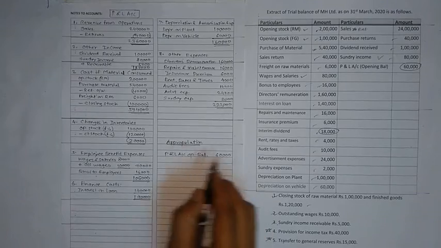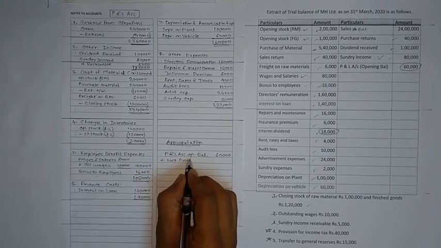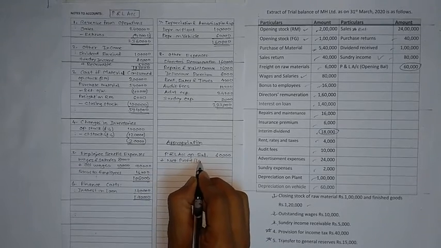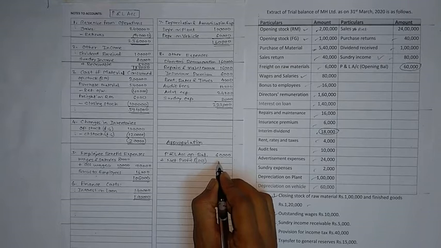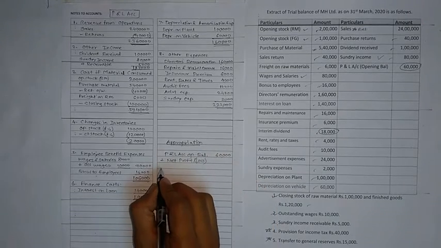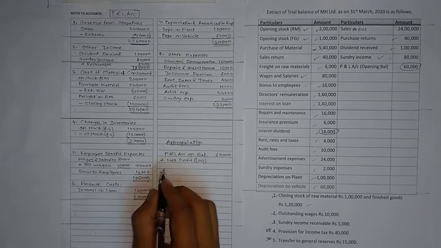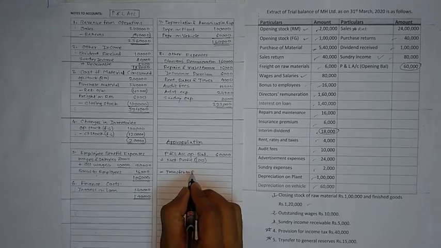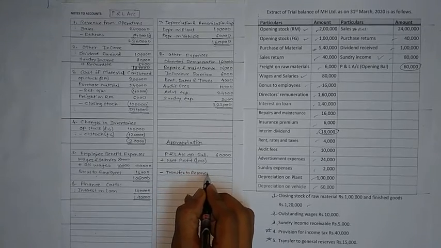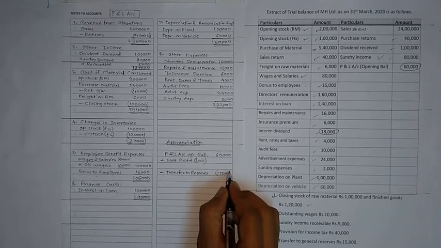After 60,000, we should add net profit, and if it is loss, it should be deducted. We will add net profit in this amount, and then we will deduct less transfer to reserves, any type of reserve. It is 15,000, but it will be deducted.